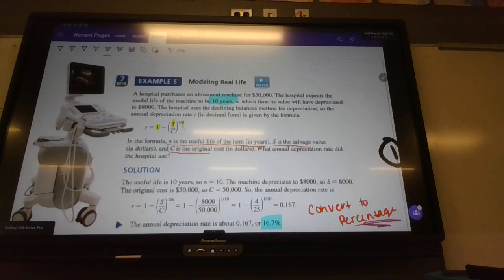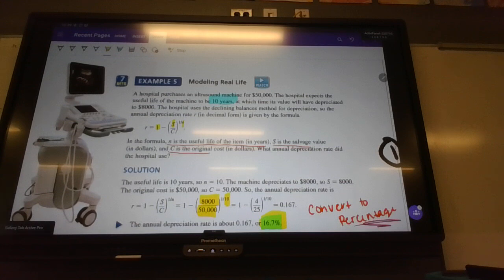Like 100% or 1. So we're plugging in the S value, the C value, and the N. And from there, it's pretty much calculator work. It's 0.167. You convert it to a percentage, and the annual depreciation rate is 16%.